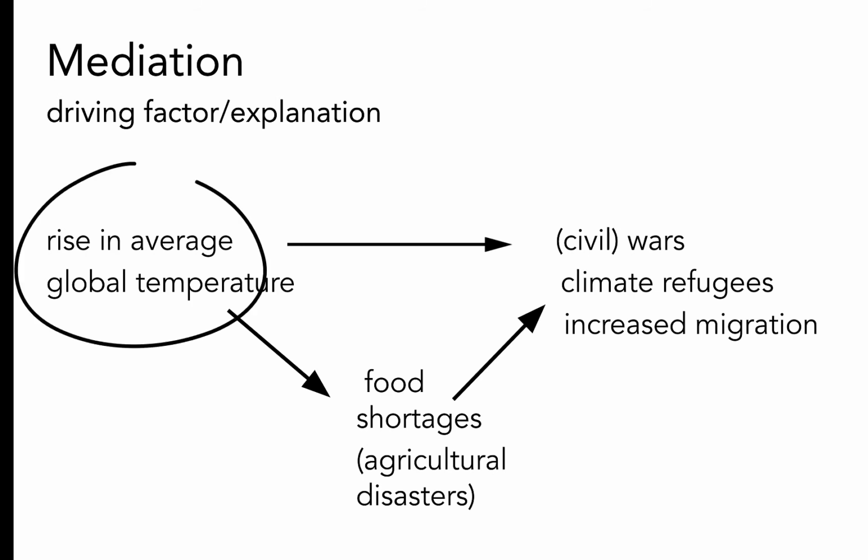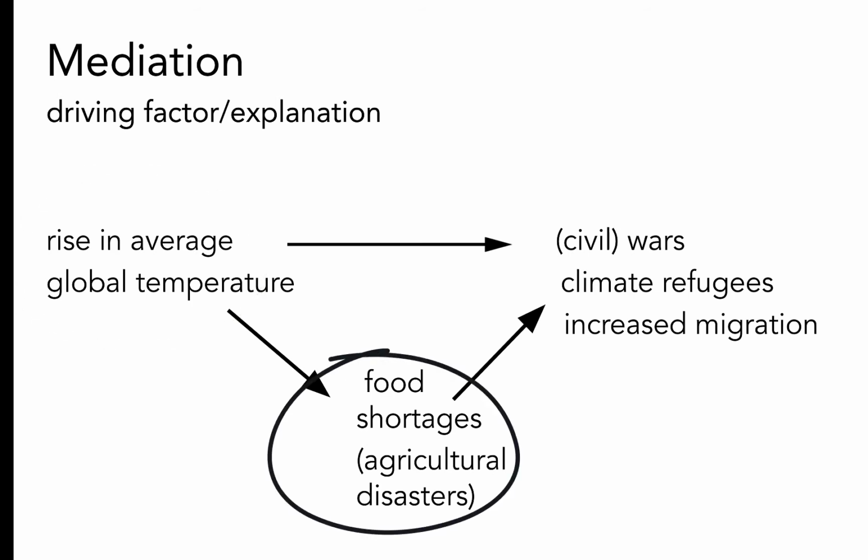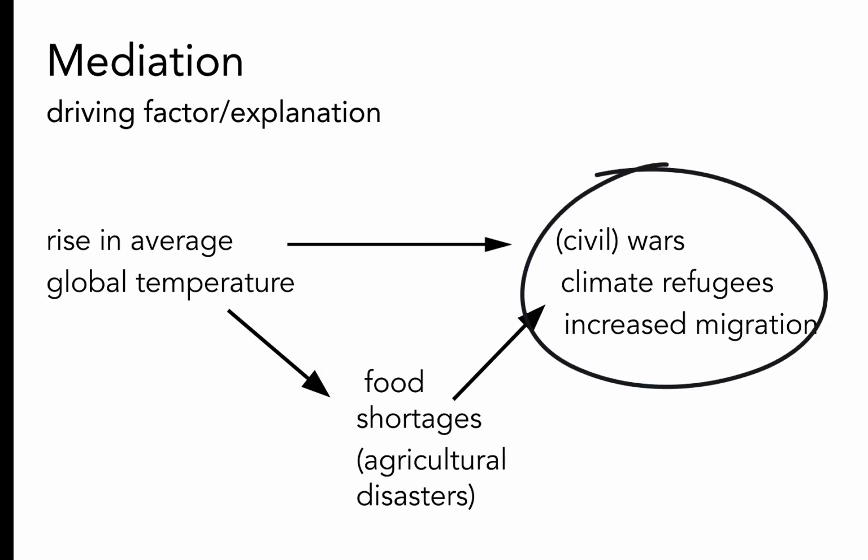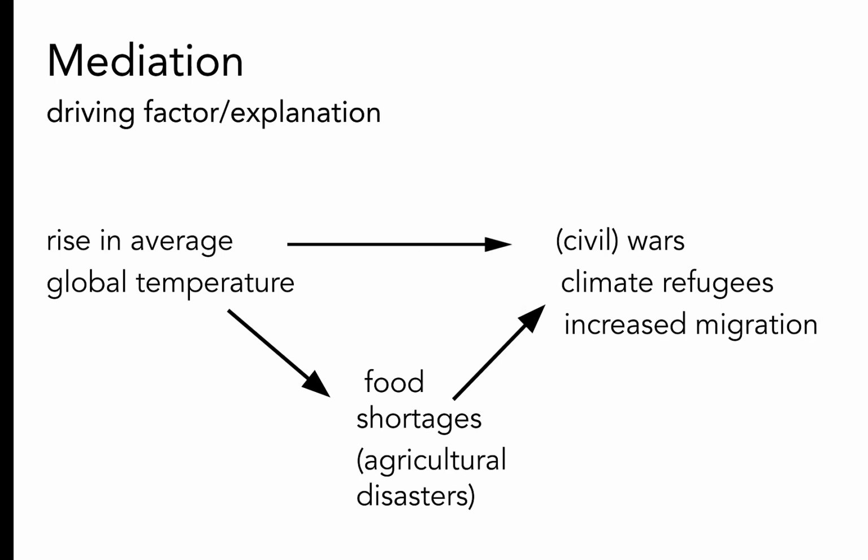So your independent variable, a rise in average global temperature, causes more food shortages because there's more agricultural disasters, which in turn causes more civil war, climate refugees, and increased migration, because people will leave the land that became inhabitable or no longer fit for agriculture, and therefore it may lead to a war over natural resources. So this is how climate change can actually have such an impact on migration because of that mediation.